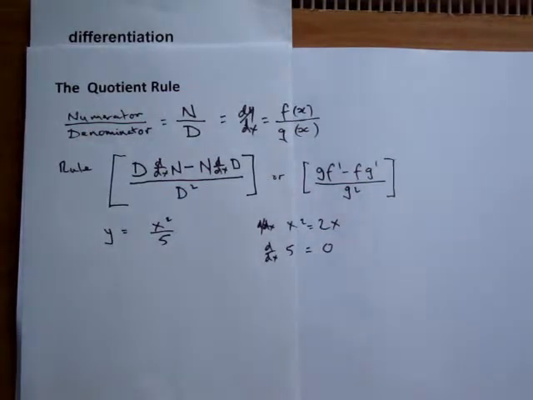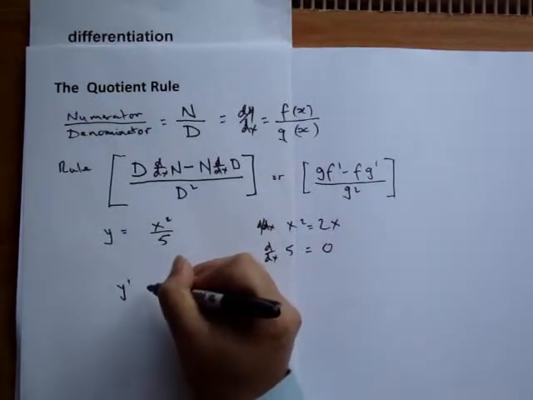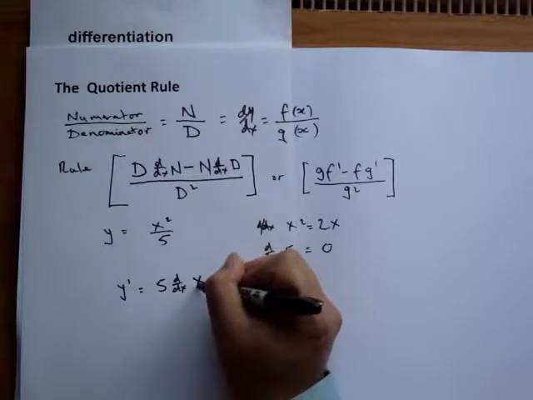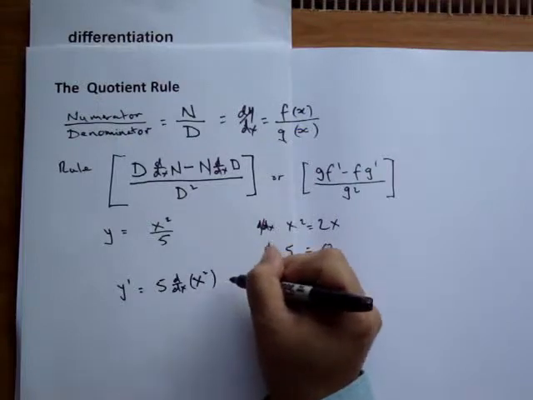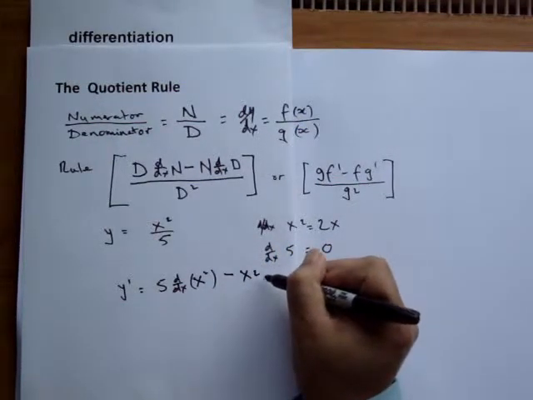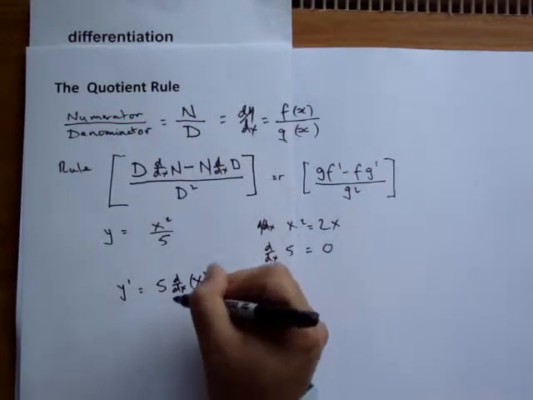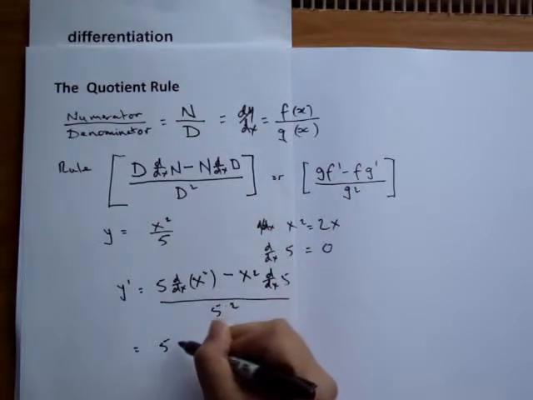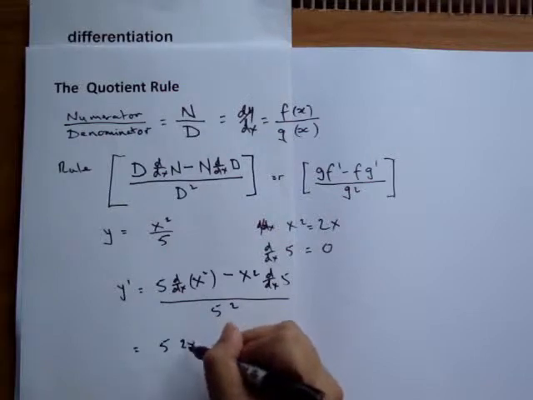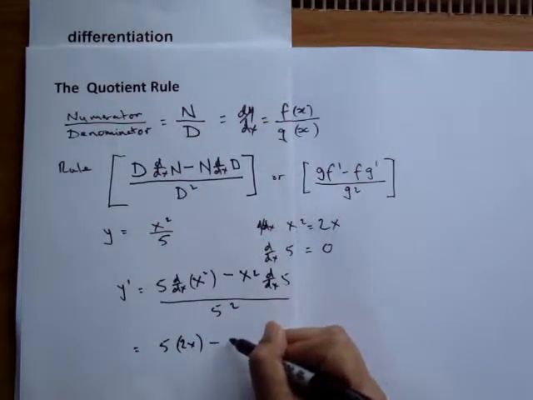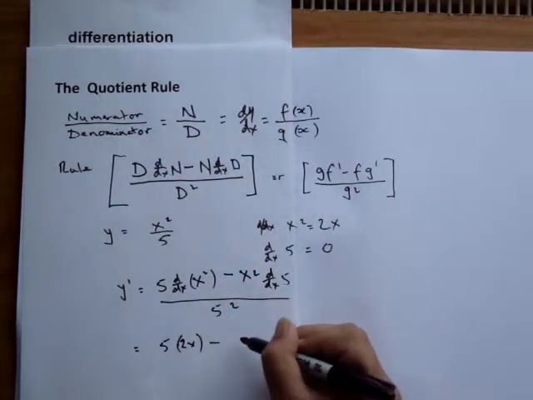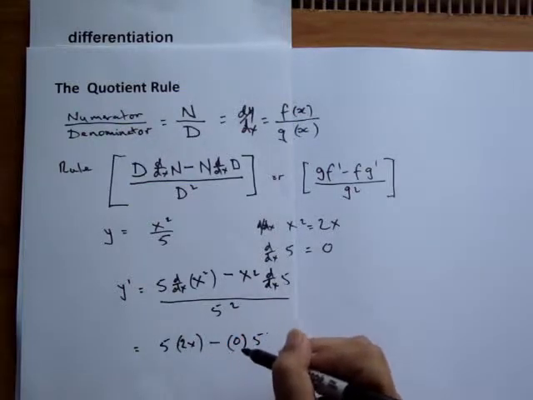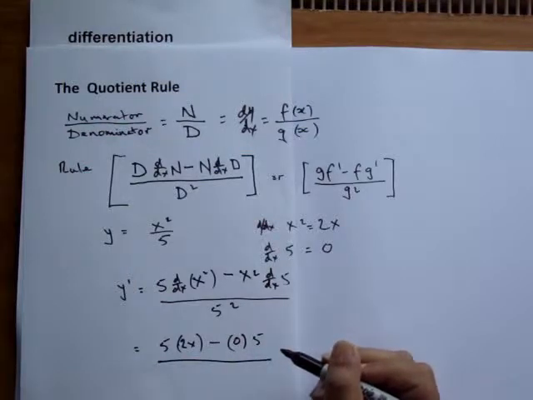Now we just insert this into our rule, so dy by dx equals 5 d by dx of x squared, minus x squared d by dx of 5, all over 5 squared, and this would equal 5 times 2x minus the derivative of the denominator, which is 0, times the numerator, which is x squared.